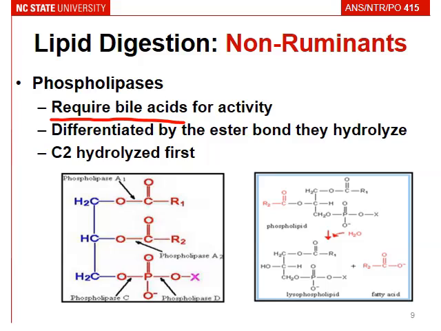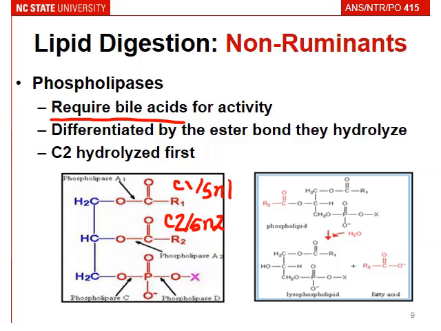Here we have our phospholipase A1, which cleaves at the SN1, or the first carbon. And then we have our phospholipase A2, at our second carbon.